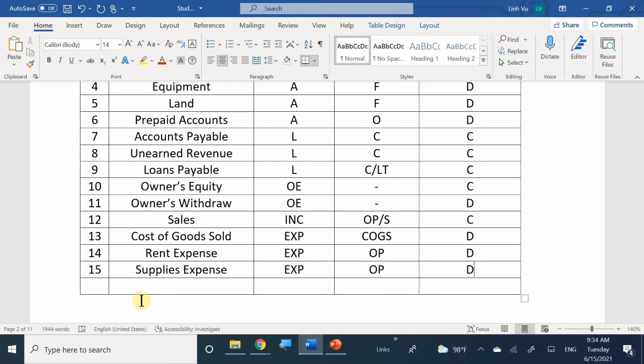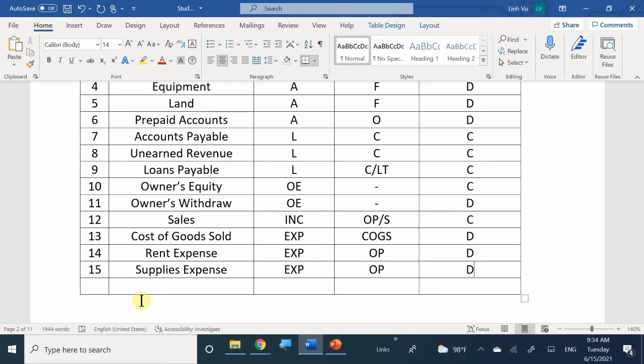Revenues are pretty straightforward because we only know two things: sales and other income. So there are no other things that I will test you on except for selling a product and other income. And then, of course, your expenses have the word expense in them. Okay?